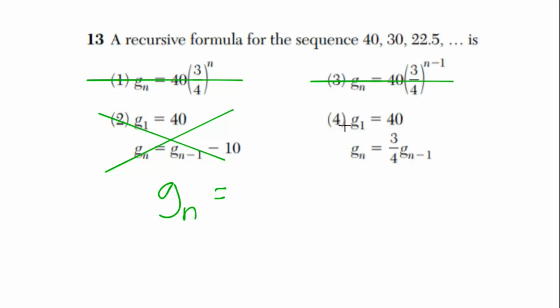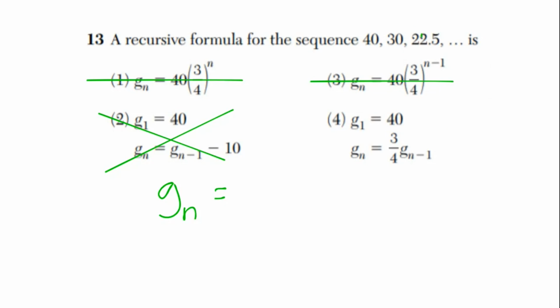So that's gone. Now, by process of elimination, we got this, but I want you to know why it is the case. We start with 40, and every time we go to the next term, let's say I wanted 30, I would have to take the previous term and multiply it by 3/4. Now that might not be so obvious, but 40 times 3/4, the 4's cancel out nicely. We get 10 times 3, that's 30. So it works for the first one, but remember what I say: just because it works for the first two doesn't mean it works for everything.